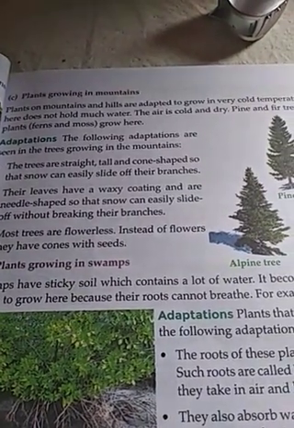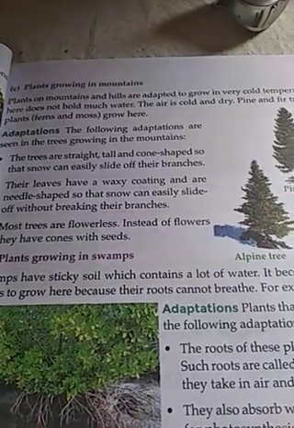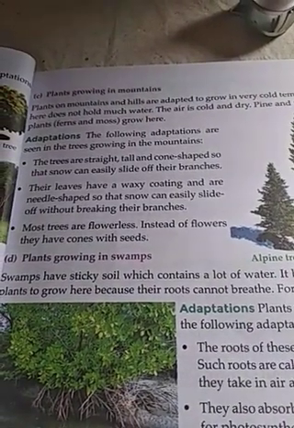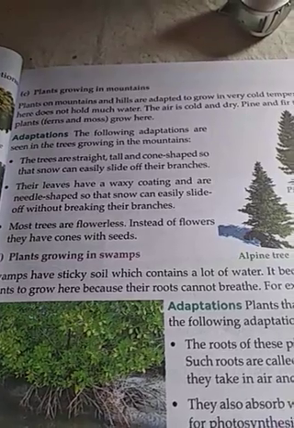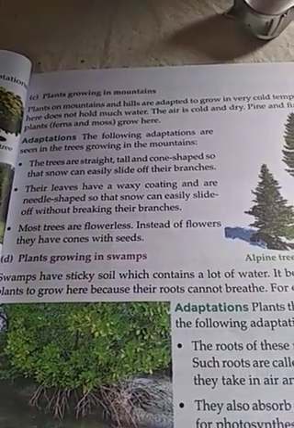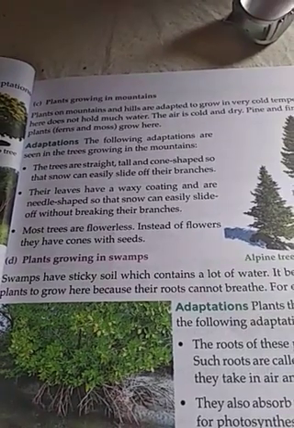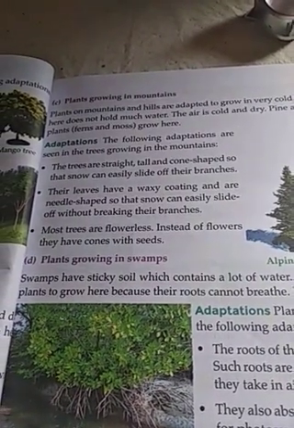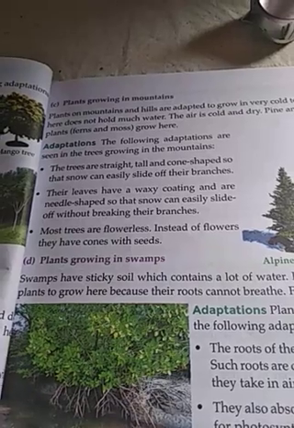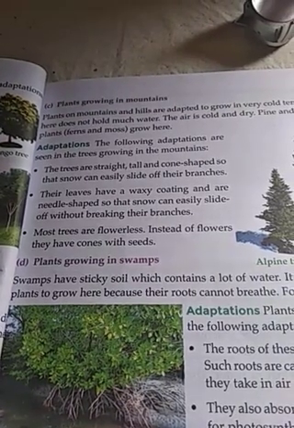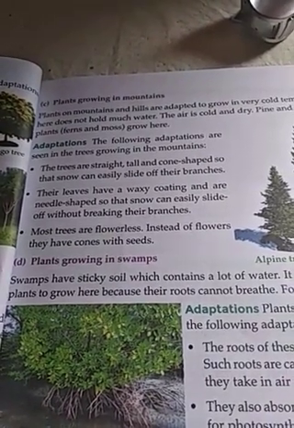The air is also very cold and dry, so mostly big tall trees grow there and plants like ferns and mosses grow there. Now, what are the adaptations these trees make to grow in such cold climatic conditions?